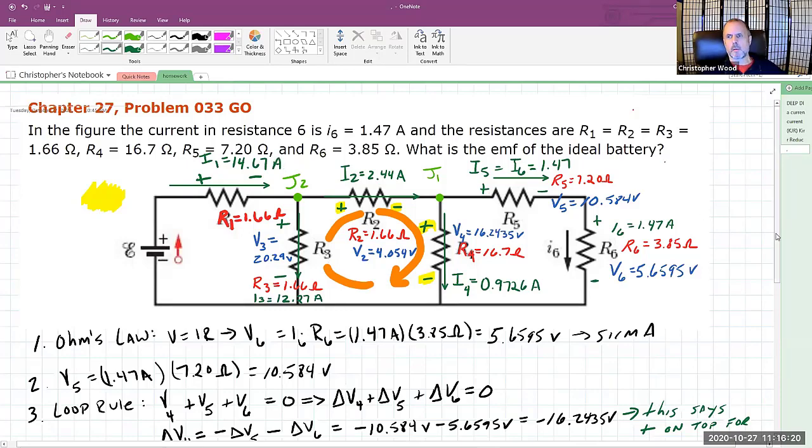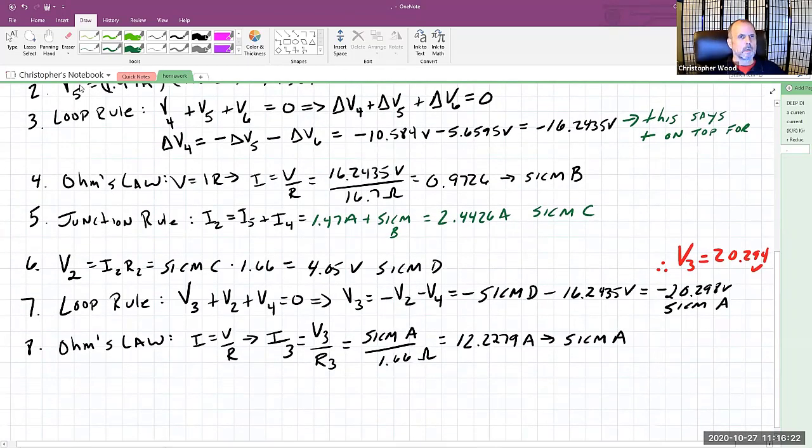So let me draw that up. Junction rule. So you just see a succession of junction rule, loop rule, Ohm's law. Junction rule, loop rule, Ohm's law. Junction rule says in equals out. What's going in?